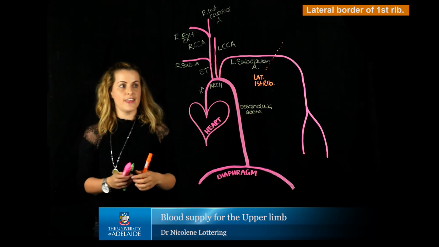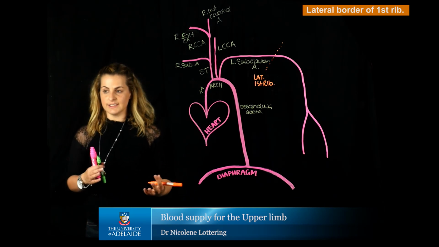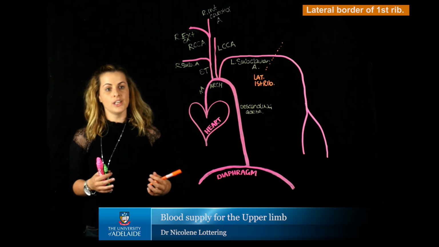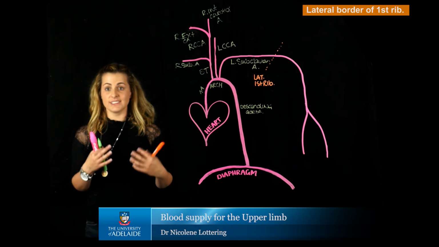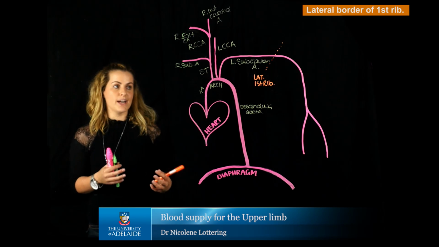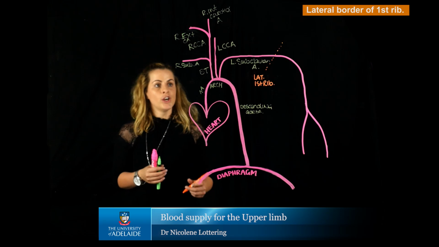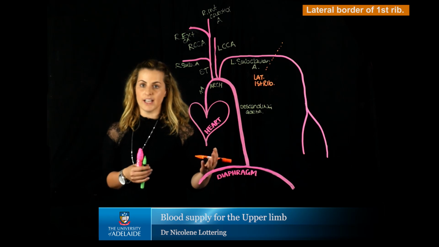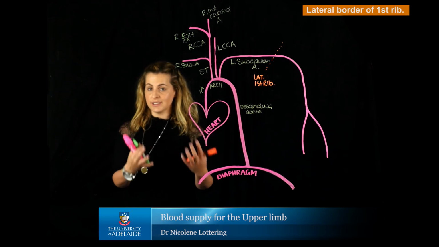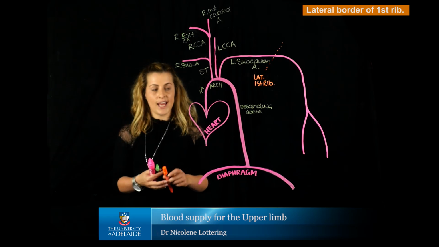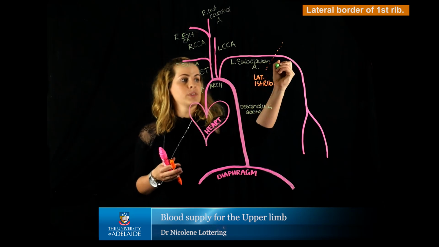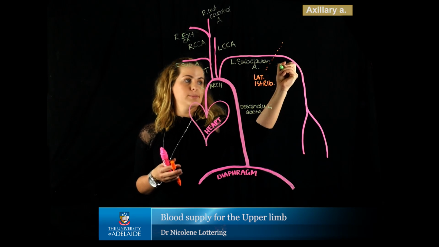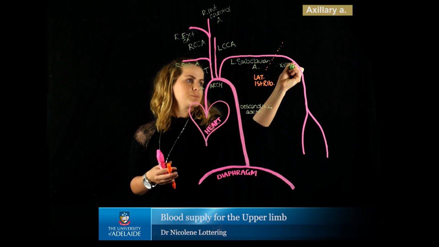It is important that when we're describing the origins and the terminations of each blood vessel, we identify the major skeletal or soft tissue landmarks where the transitions occur. So we say that the left subclavian artery is a continuation as the axillary artery at the lateral aspect of the first rib.